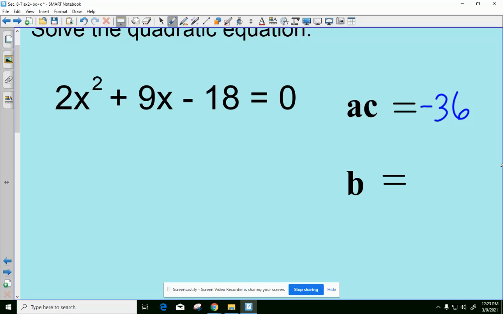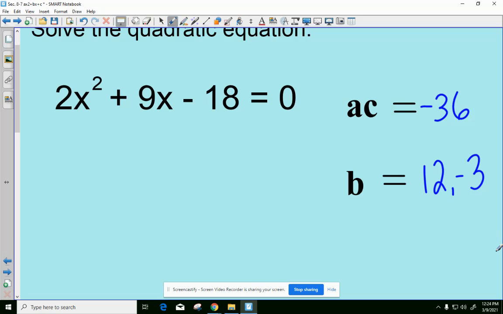There's no way you're getting to a 9 with factors of 6 and 6. You know what they are? Negative 3 and 12. Good. You want the middle to be a positive 9, so you need the bigger factor to be positive. So 12 and negative 3. That multiplies to negative 36 and adds to positive 9.